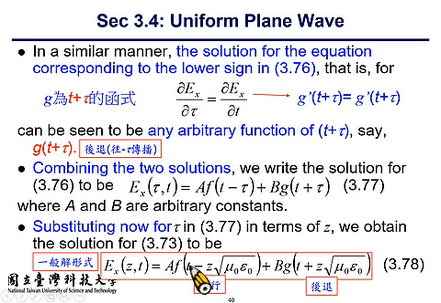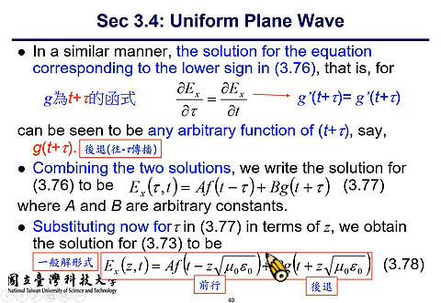For function f, it's t minus z times square root of mu times epsilon, and for function g, it's t plus z times square root of mu times epsilon. So the difference between t minus z and t plus z contributes to the difference, so that function f represents the components propagating toward the positive z direction, and g is for the minus z direction.